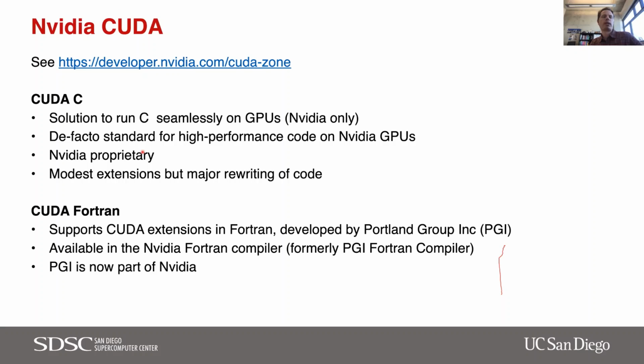It has modest extensions, but it still requires major rewriting of the code, right? So you don't need to learn a lot of syntax or a new language, but you need to express all your algorithms in a highly data parallel fashion. And then there's a Fortran version that works with the Fortran group compilers or the NVIDIA Fortran compilers.